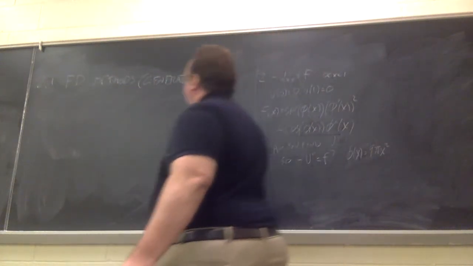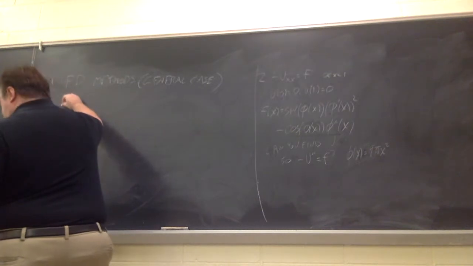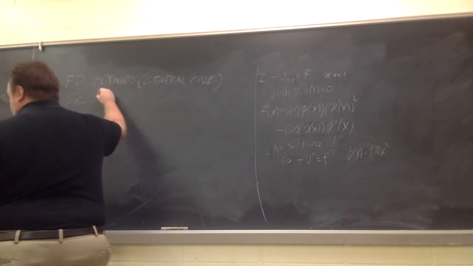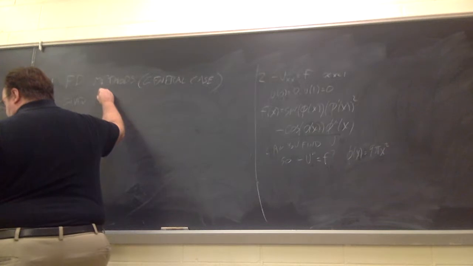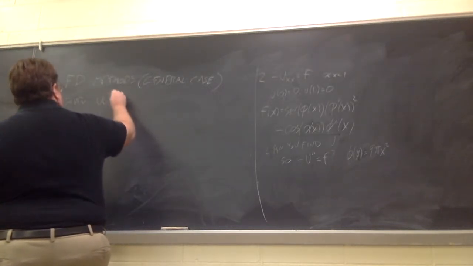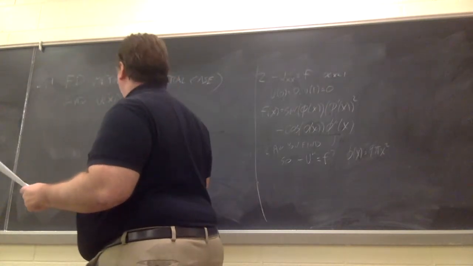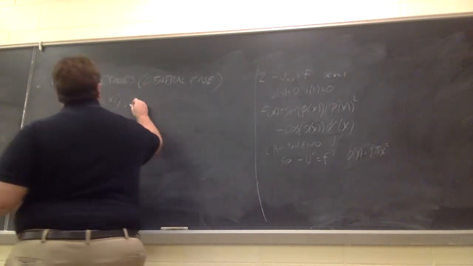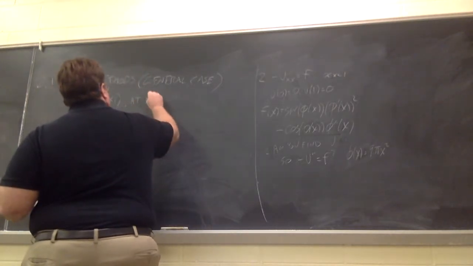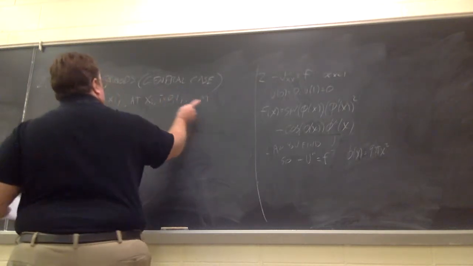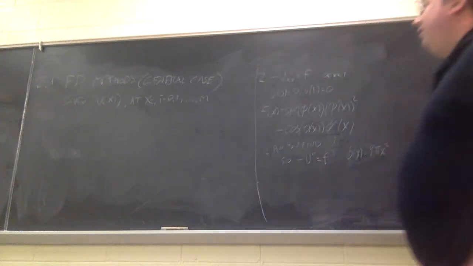So what I'm going to show you is, if you're given values of a function that you want to express a derivative of, so certain values of a function u, so we have n plus 1 points altogether.